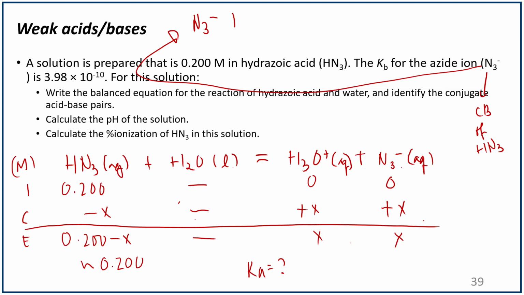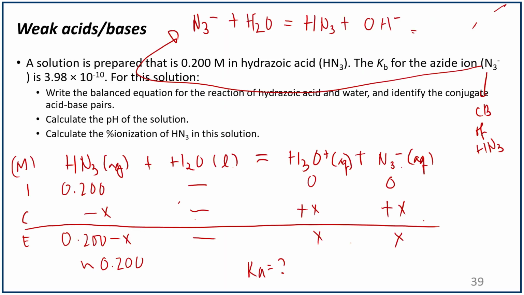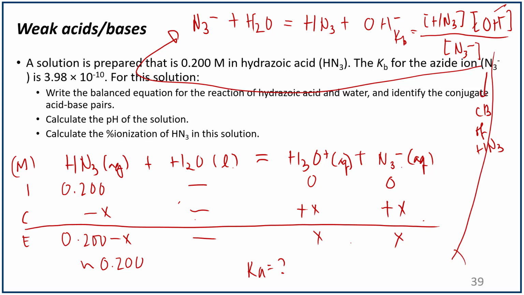The azide ion should accept a proton from water, behaving as an acid this time, to generate hydrazoic acid, HN3, and OH minus. If you write the equilibrium constant for this one, Kb is equal to the concentration of hydrazoic acid times OH minus, divided by the concentration of the azide ion, which is not equal to the Ka value.